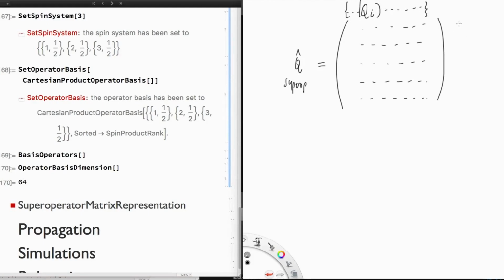We have the bras, and we have a matrix for the superoperator where a particular element in the matrix representation is given by the Liouville bracket of the superoperator by the 2 operators.